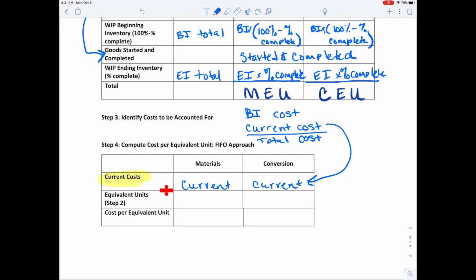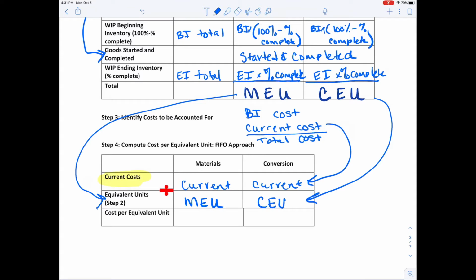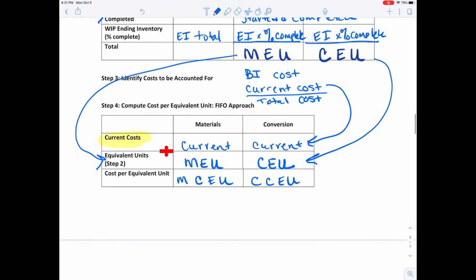Then we're going to look back to step 2, which is right here, and we're going to bring down that materials equivalent unit and conversion equivalent unit. We're going to divide these numbers to get my materials cost per equivalent unit and our conversion cost per equivalent unit.